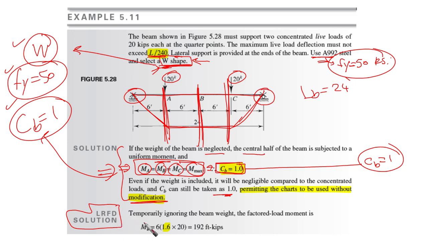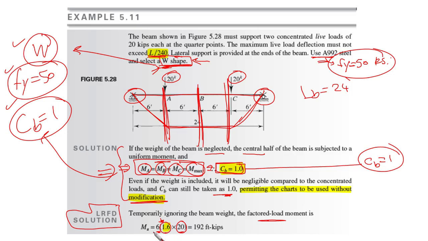Temporarily ignoring the beam weight, the factored load is going to be 6 times 1.6 times 20. So we have 20, which is the concentrated load, and 1.6, the load combination factor.